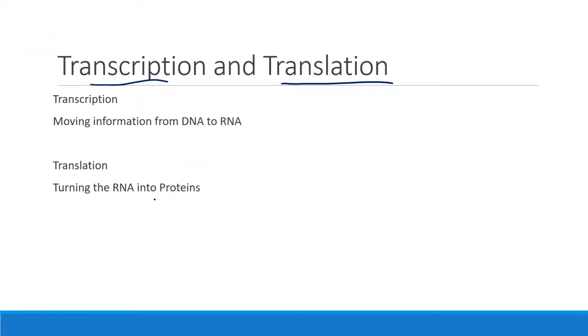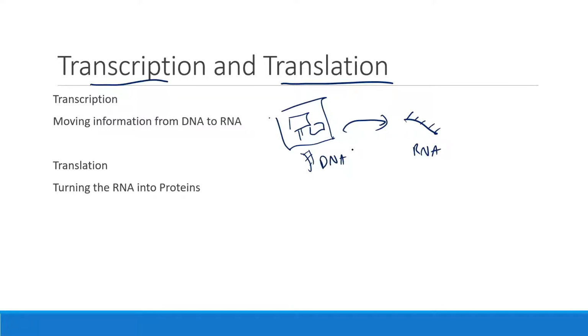Transcription is all about moving from DNA to RNA. It's about taking the blueprint that we've got in our DNA molecule and turning that into RNA. It's about transcribing the information, so copying the information.